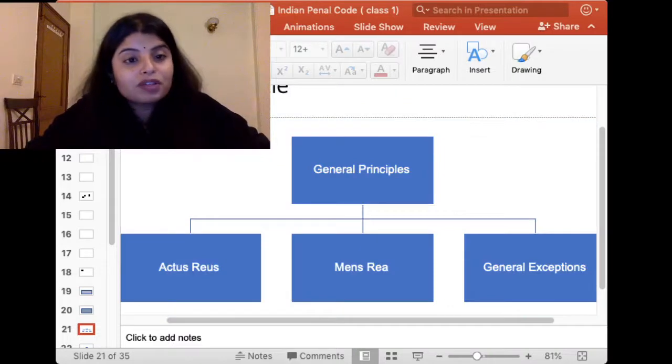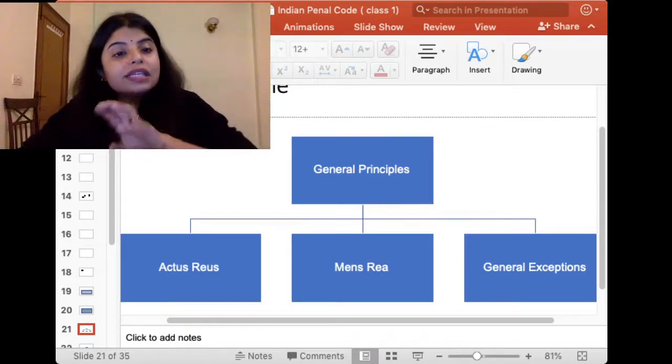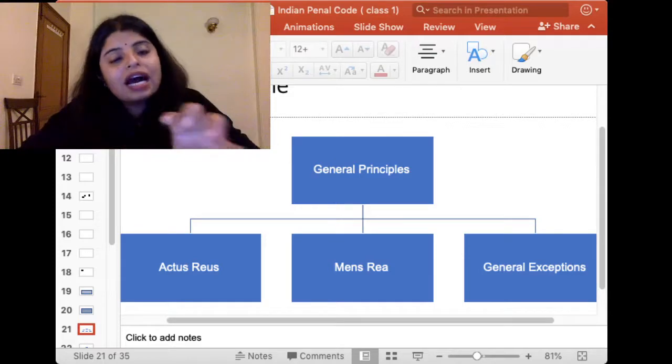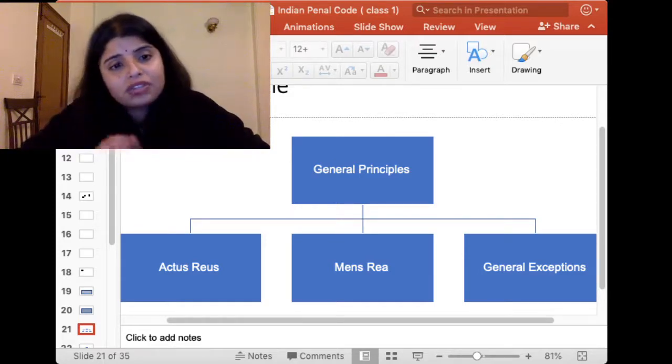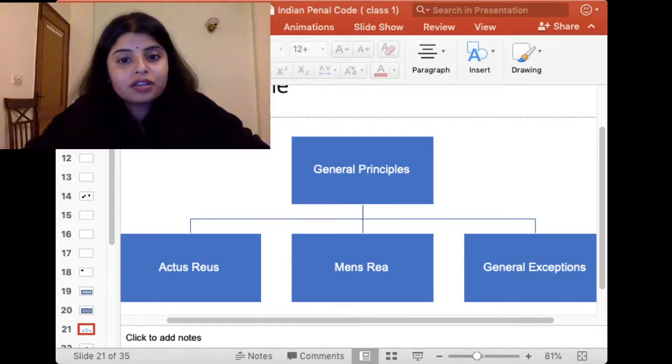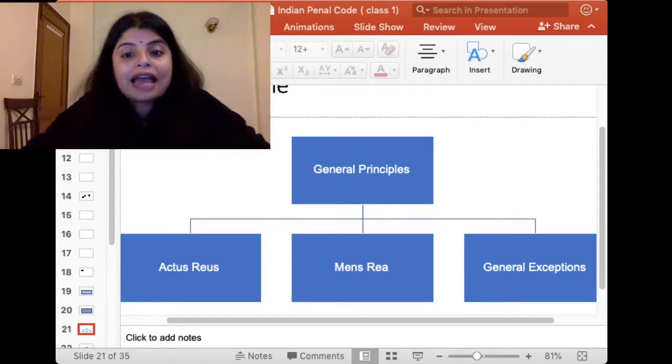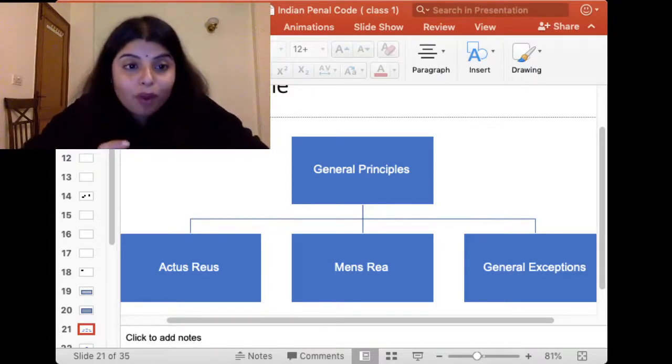Next important part of IPC is to understand general principles of it, which includes actus reus, mens rea, and general exceptions. You will see the part of general exceptions under section 6, okay, the mentioning of it. We'll see it later on, just consider that these are the exceptions. The important part here is actus reus and mens rea, which is the building block of it, which is the basic ingredient of it.